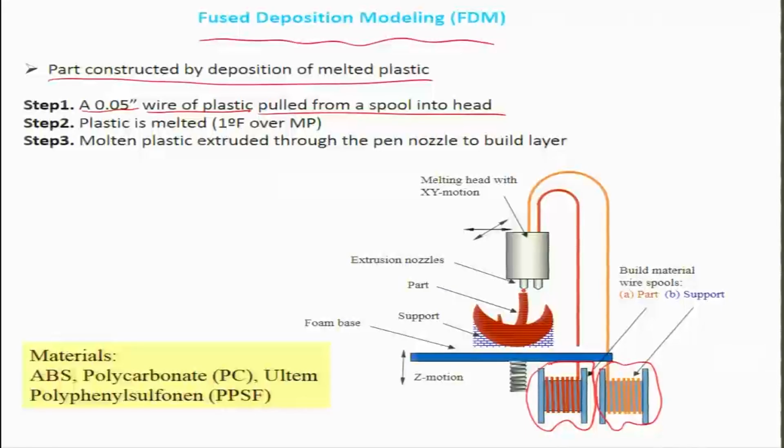In step 2, the plastic is melted through an extruder. The temperature is taken over the melting point, and then the molten plastic is extruded through a nozzle and dispensed wherever the nozzle moves.